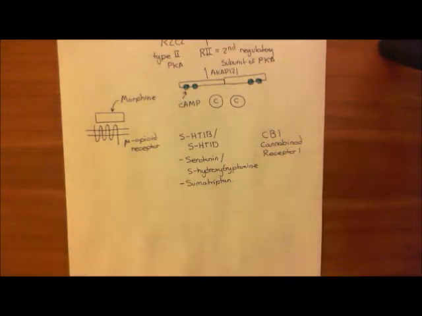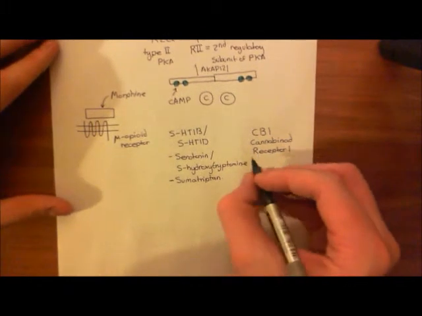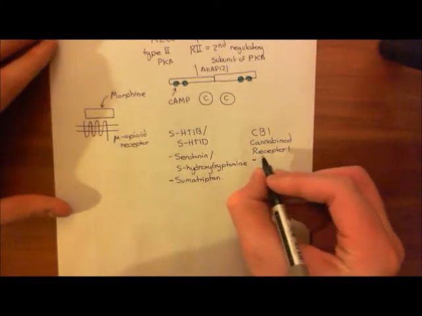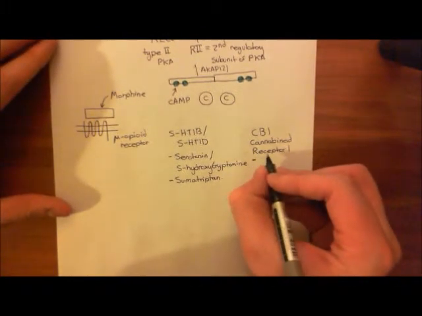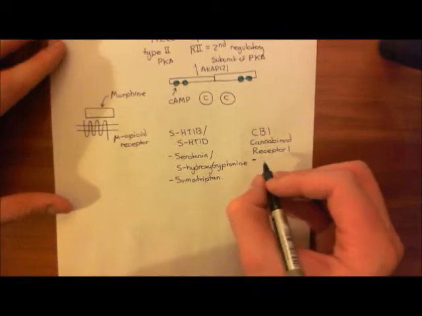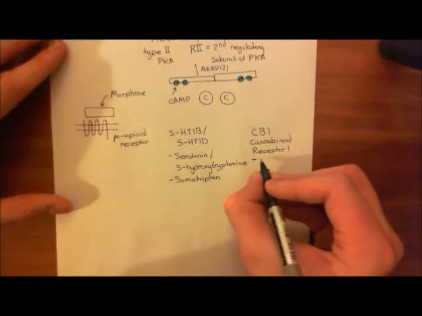It's basically activated by one of the components of cannabis, tetrahydrocannabinol. But there is a drug which is an antagonist for this receptor. It binds to it and does not activate it, but stops the endogenous or exogenous agonist, in the case of cannabis, from binding to it.